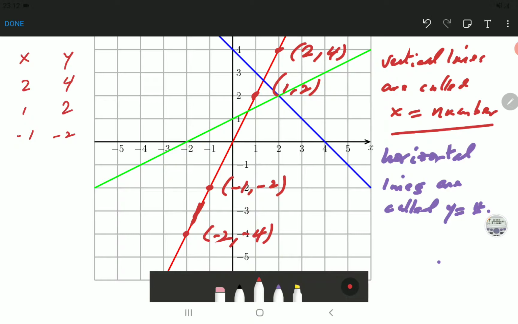So then you're going to notice that this y coordinate is always 2 times the x coordinate. So the question is, how do you get the y coordinate from the x coordinate?